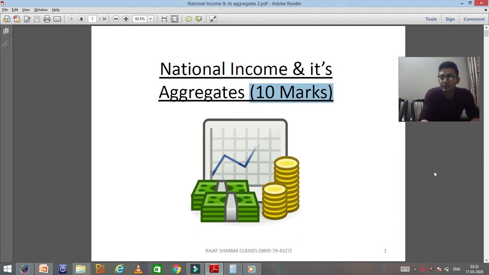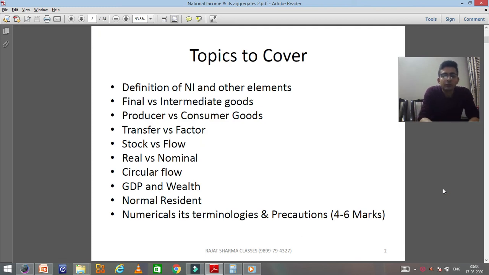So let's understand the topics that we have to cover in this particular chapter. Topics to cover. We will talk about the definition of national income, the various elements. We study the final goods versus intermediate goods, the producer versus consumer, the transfer payments versus factor payments, the stock versus flow, real GDP versus nominal GDP, the circular flow of income, GDP and wealth, normal resident status, and your favorite topic, numericals.